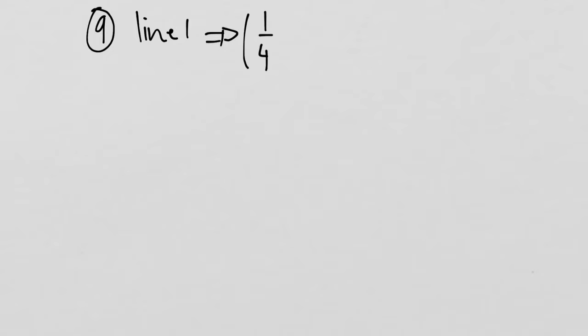Now, let's jump to do another one. Let me try to do problem number 9. It's the same thing: the line you're trying to find the equation of is going through a point with coordinates (1/4, 2/3) and the slope equal to 1 over 2.